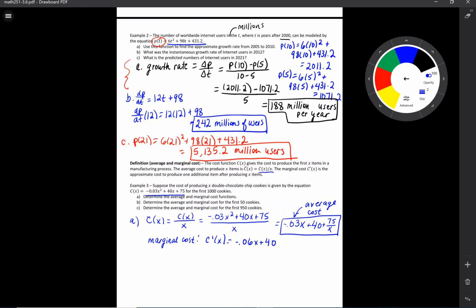All right. Now in part B, we want to determine the average and marginal cost for the first 50 cookies. So I simply plug in 50 into my two equations that I just found. So the average cost, c bar of 50, equals, I plug in 50 here, negative 0.03 times 50 plus 40 plus 75 over 50. This is approximately 40 cents.